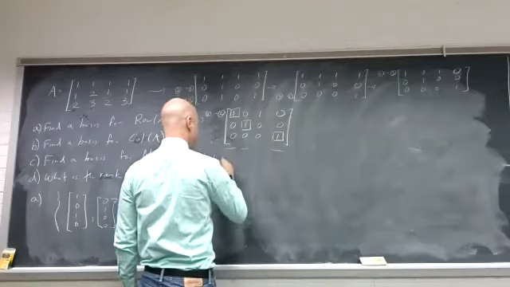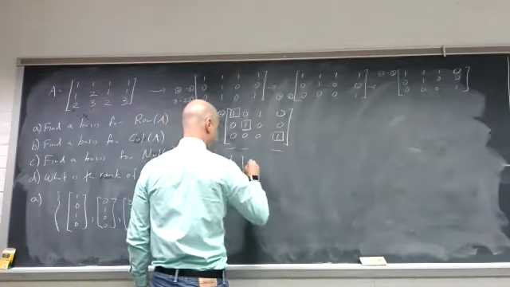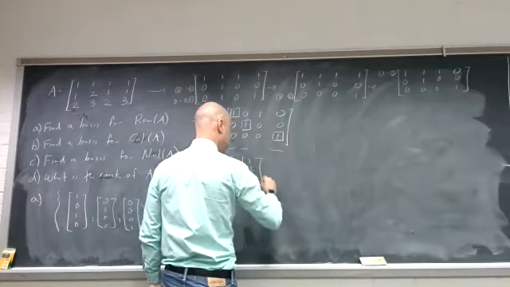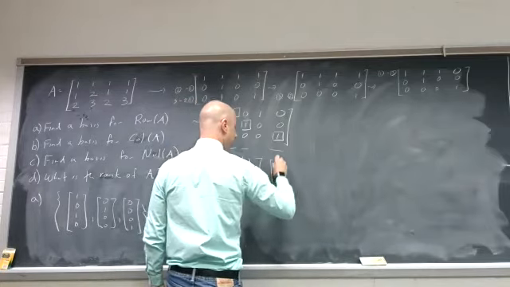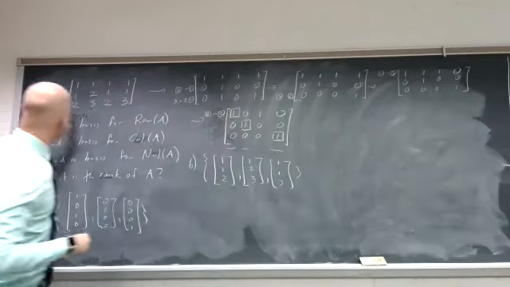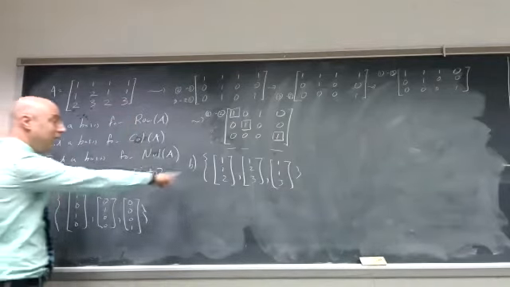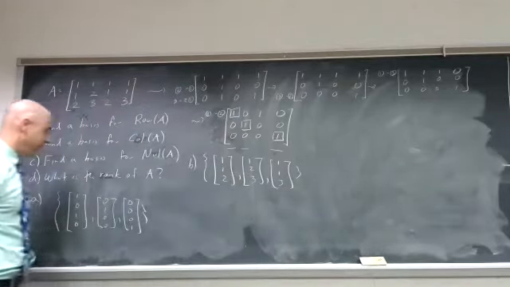So 1, 1, 2, 1, 2, 3, and 1, 1, 3. And together, those three vectors span the space that all four of these vectors span. But these are linearly independent, which makes them a basis.